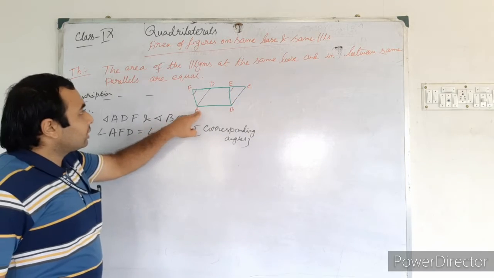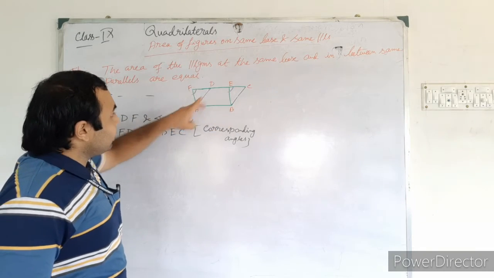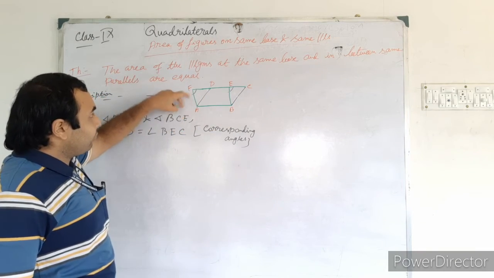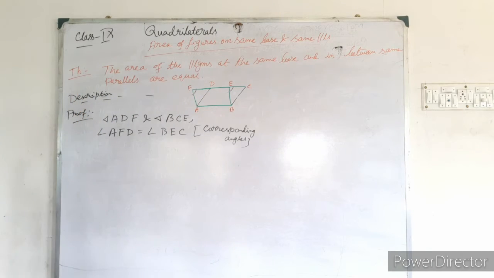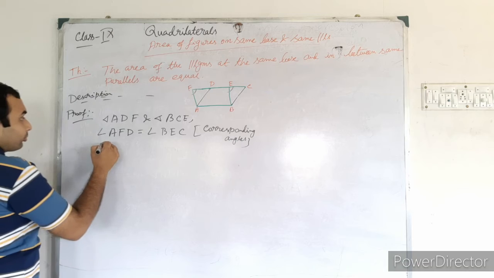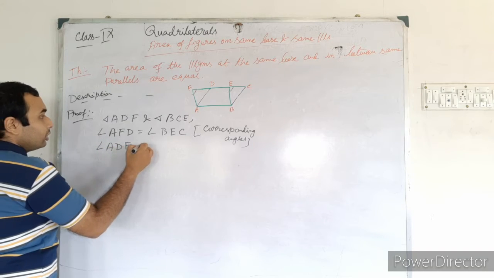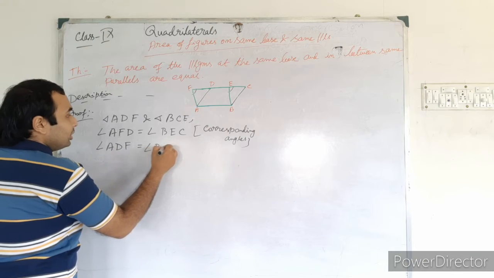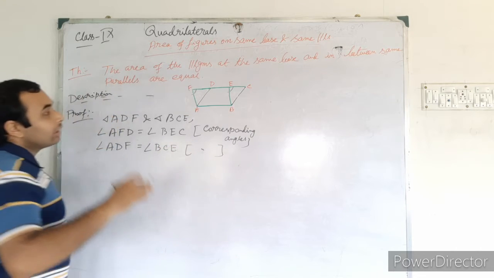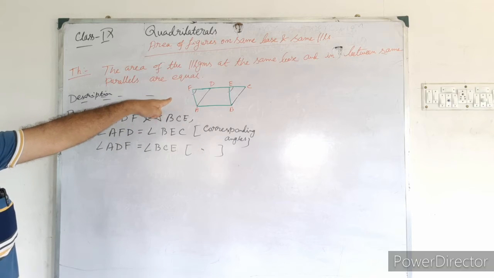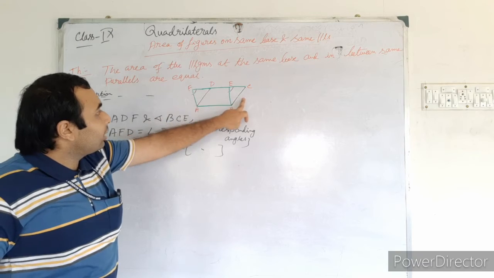Why parallel? Because ABEF is a parallelogram, so obviously BE is parallel to AF, then those two angles are corresponding angles and they are equal. Similarly, angle ADF is equal to angle BCE, and those are also corresponding angles, since ABCD is a parallelogram, so AD is parallel to BC.